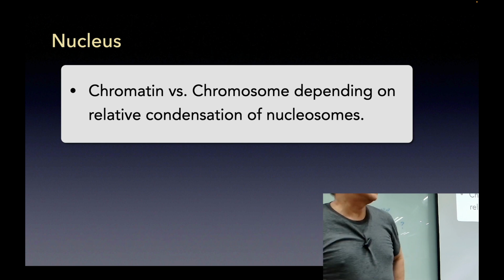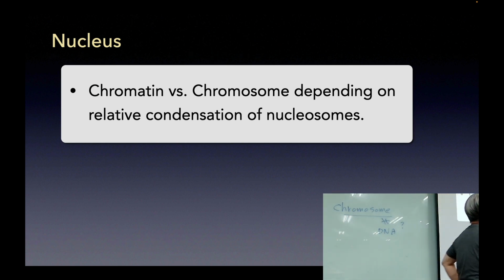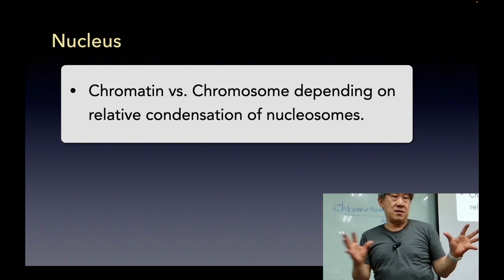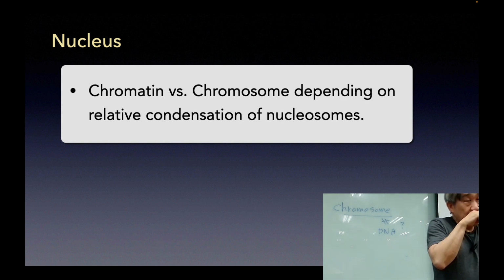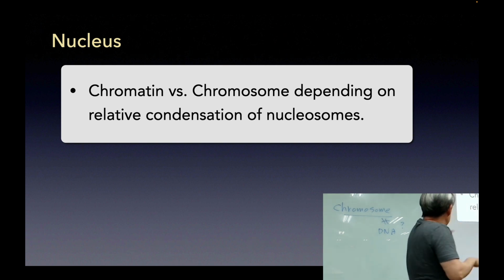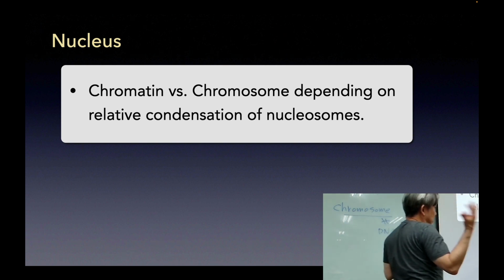Another thing is, even if you are not a science major, or especially a life science major, it will be really good for you to be able to distinguish the difference between chromatin and chromosome, because by doing so, you can understand the organization of our genetic material as a chromosome. So chromosome is a generic term. We just think of a chromosome.